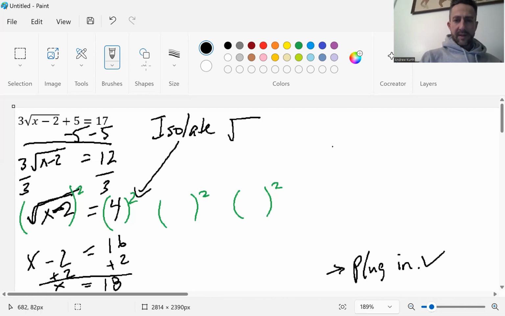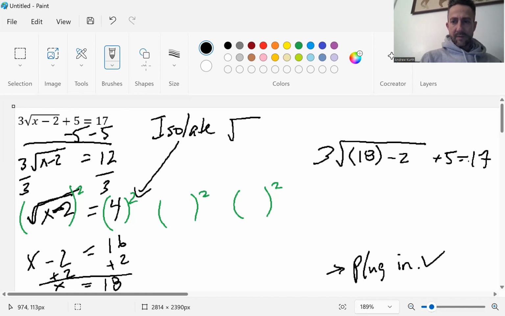So that'll look something like 3 times the square root of, and then where that x was, we'll put 18. And we can think of this equal sign as being, is it equals, like with a question mark? So now we have to think about when we plug in 18, following order of operations, following PEMDAS or GEMDAS, what will we do next?